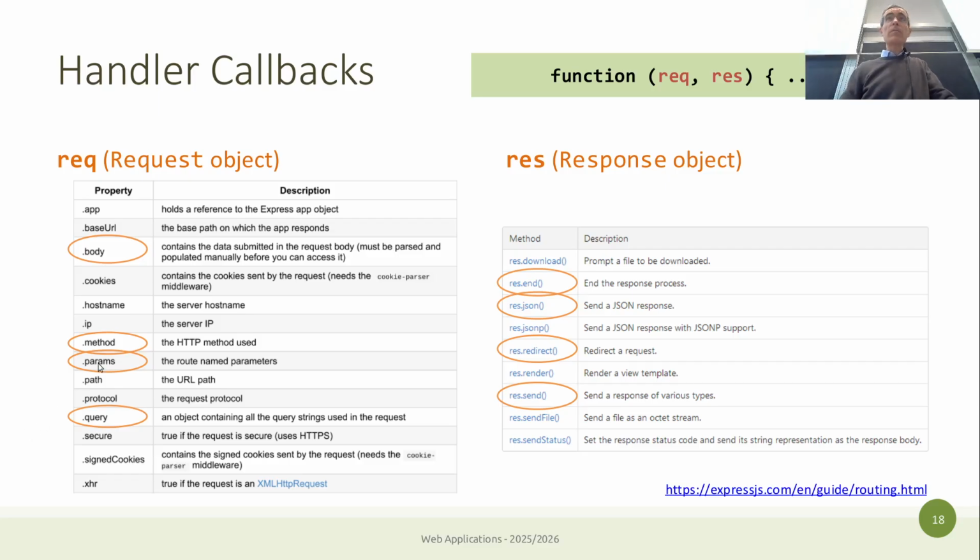The params, because some URLs can be parametric, can include information that changes depending on the request. Like, I want to buy the item number 3 or 5 or 6. Of course, we are not going to write a handler for each one of the numbers. We're just writing a handler that takes this parameter, and depending on the value of this parameter, it will perform the action. Okay? Query the same.